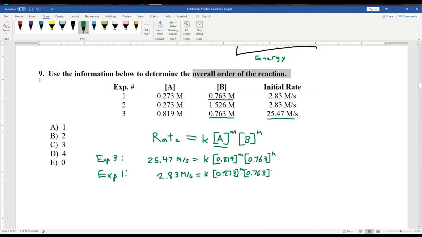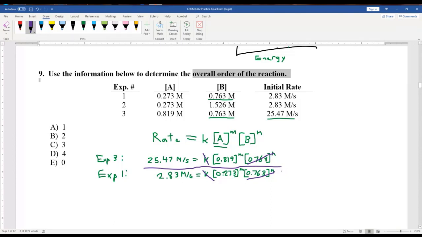Once I've written these two expressions, I can divide them. The cool thing about dividing these expressions is that m and n are going to be the same for both of them, since those are the orders of reaction. And the rate constant is going to be the same, otherwise it's not a constant. So the constant cancels out, and 0.763 to the n cancels out. I don't know what n is, but it's going to be the same for both, so they cancel out.